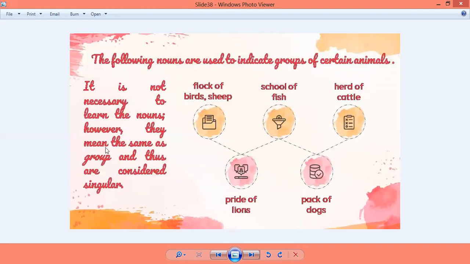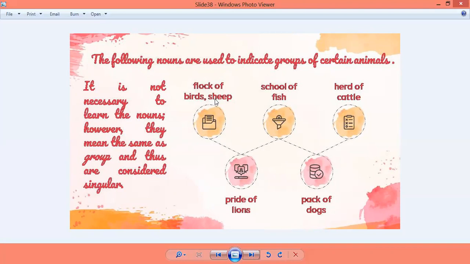The following nouns are used to indicate groups of certain animals. It is not necessary to learn the nouns. However, they mean the same as group and thus are considered singular. जैसे कि flock of birds, flock of sheep. जब भी कोई birds या फिर sheep का ग्रुप होता है उसको flock बोलते हैं.